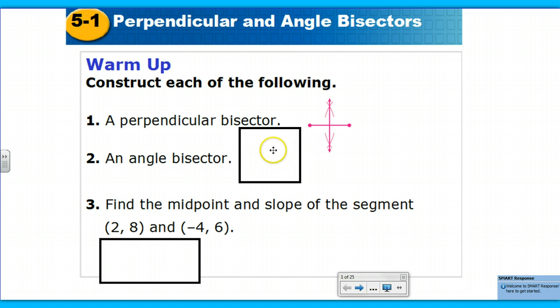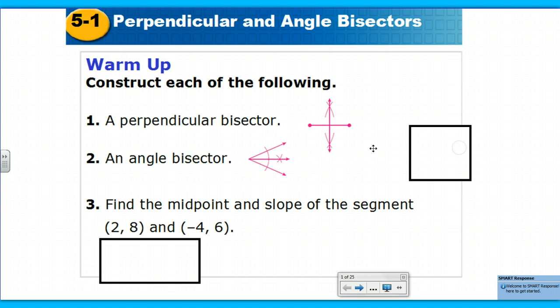An angle bisector is an angle that is being split into two congruent adjacent angles by a ray or other segment or line, right? And finding the midpoint, remember, we just find the average, right? So we have -1, 7, and the slope is rise over run, so 1/3.